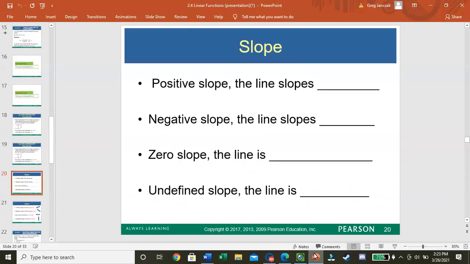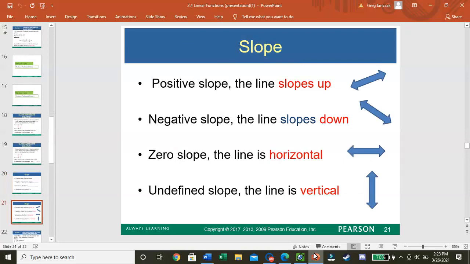Okay, slope. Positive slope, the line slopes up. As you're moving from left to right, the line moves up. It's like going up a hill. You're going up a positive slope when you're going to the mountains.